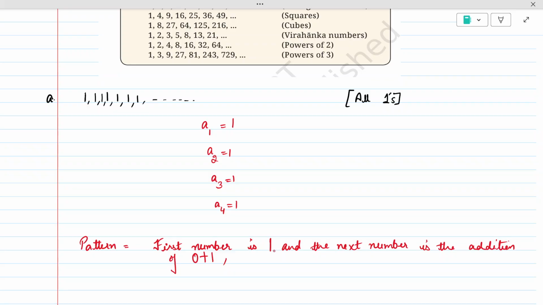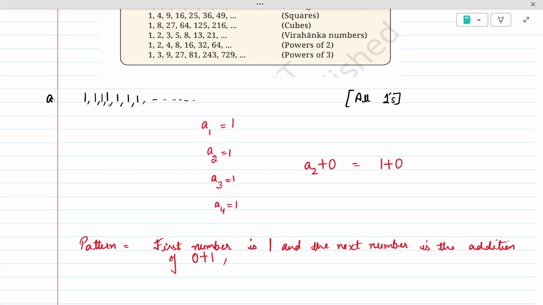I have taken 1, so my A1 is 1. To find out A2, I am adding 0 to it. Now to find out A3, the number at the third position, I am doing A2 plus 0. That is 1 plus 0, and I am getting A3 equal to 1.